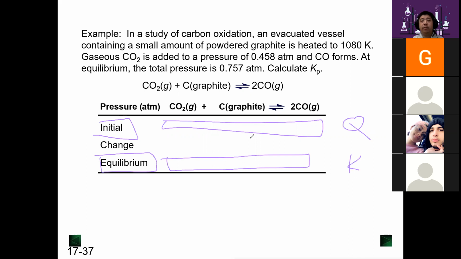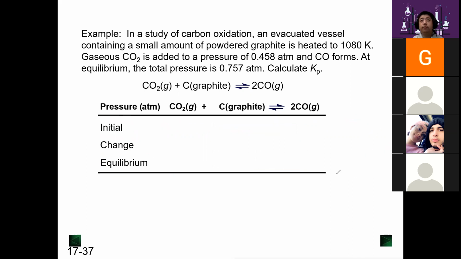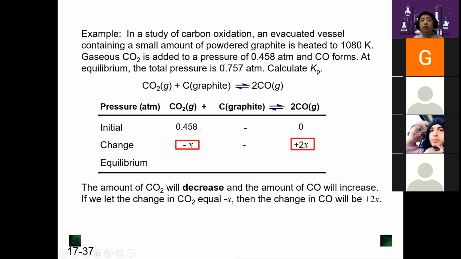And then I have some amount that is changing that shifts from Q to K. Initially, it tells me that I have 0.458 atm of CO2 in the beginning. I have no carbon monoxide, no CO, right at the beginning. We start with just this. Graphite we ignore, so we don't need to deal with it. By the time I am done, I know that I have a total pressure of 0.757.